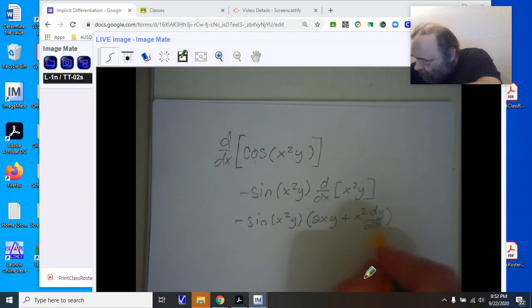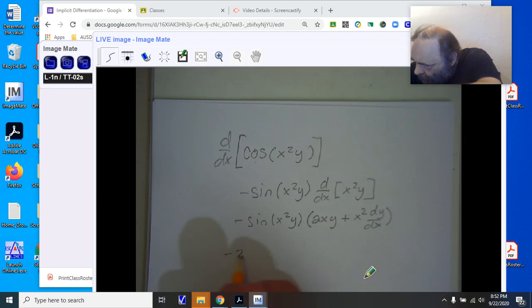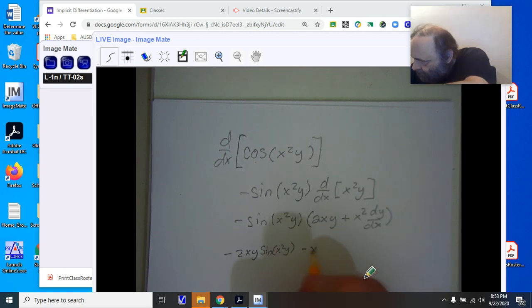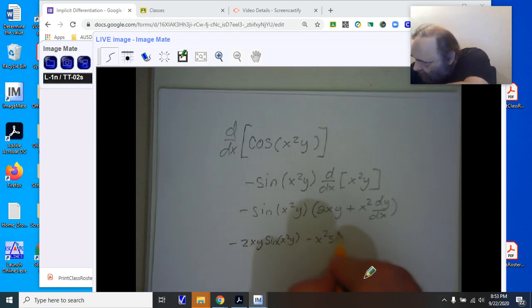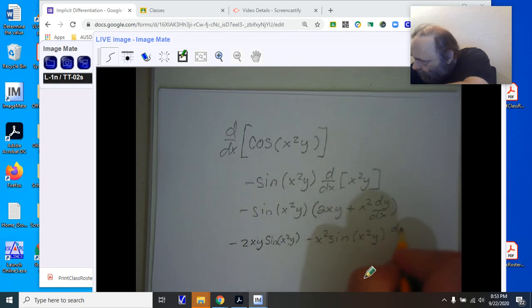We're going to now distribute negative: 2xy sine of x squared y minus x squared sine x squared y dy dx. And there it is.